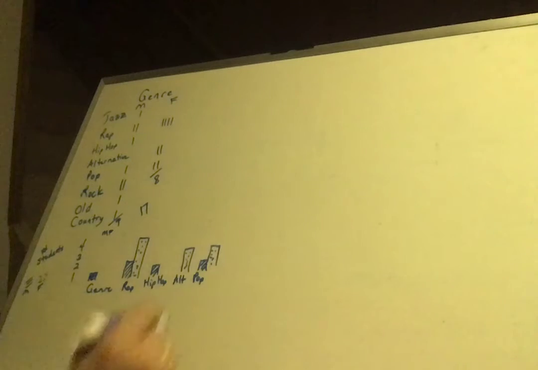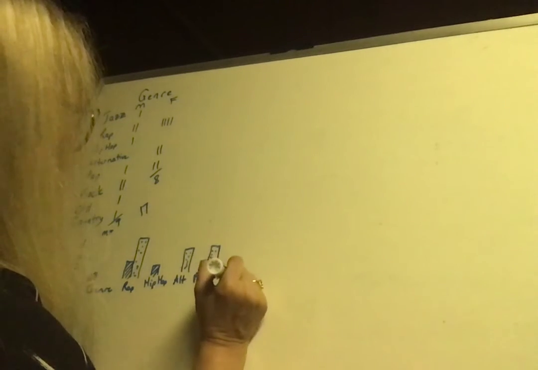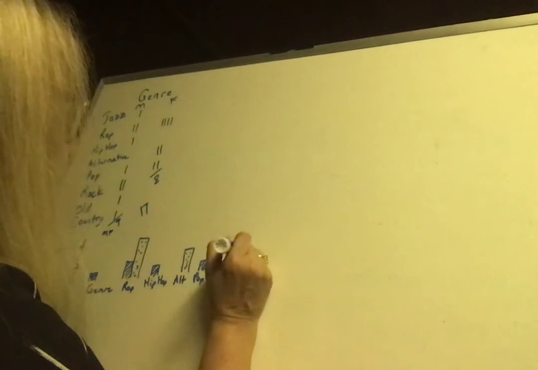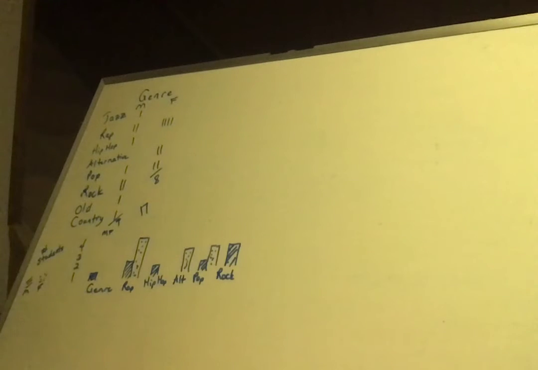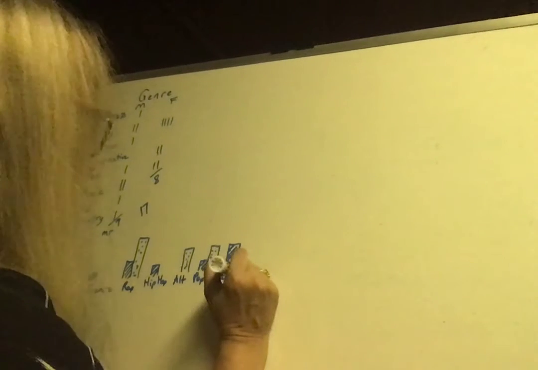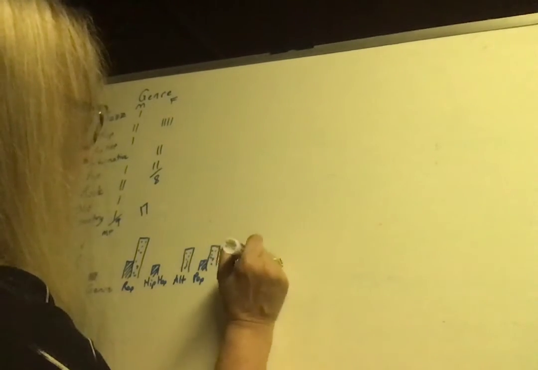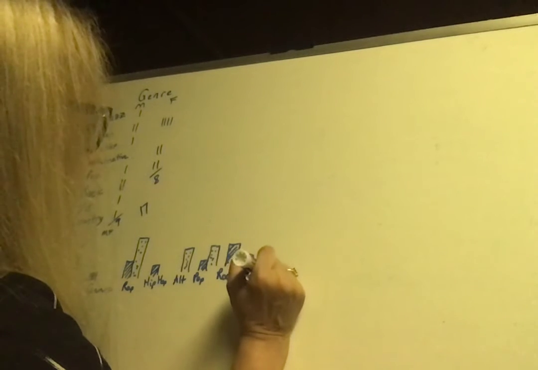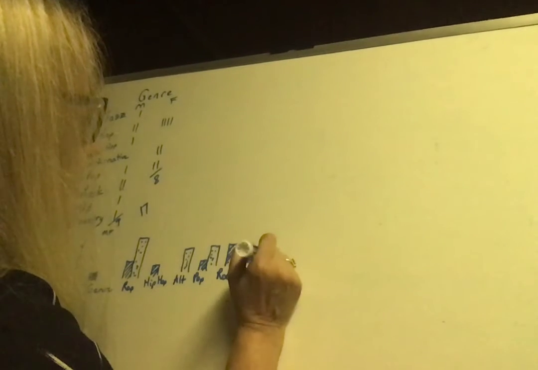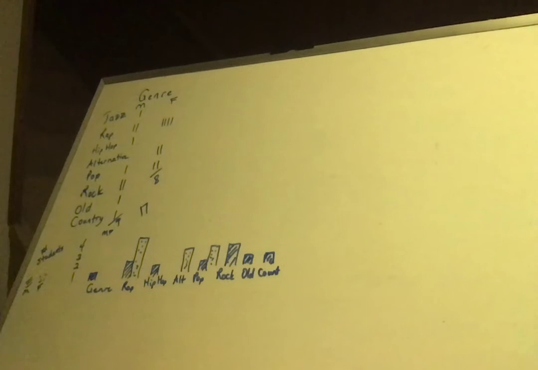And rock has 2. And old, 1. And country, 1. Okay. That's the basic idea of a bar graph. And there's bars for each that we need.